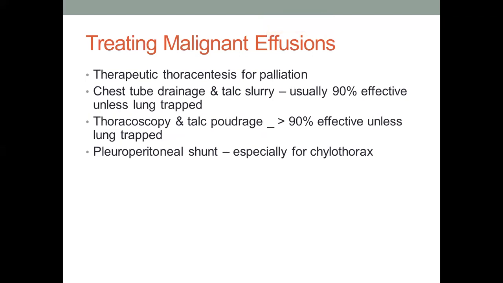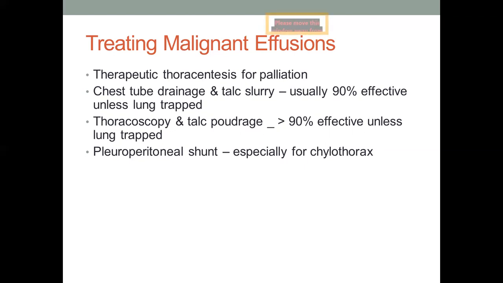Like we have discussed, the treatment of malignant pleural effusion is mainly palliative, in which a chest tube is passed into the pleural space and talc slurry, or talc porridge, is given through the chest tube to create inflammation in the visceral and parietal pleura.